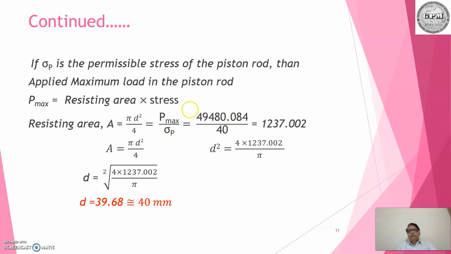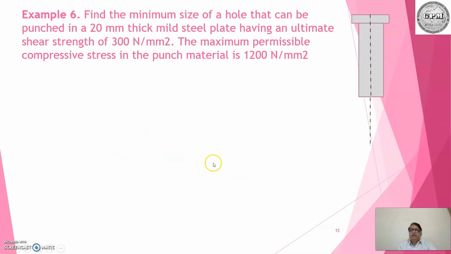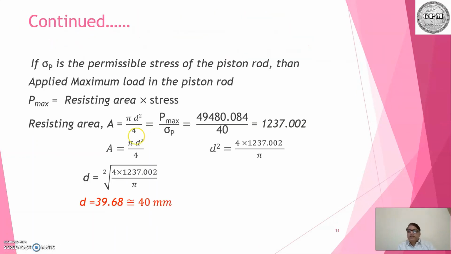The permissible stress is 40 Newton per mm square. Taking that value, I can get the resisting area. After finding the resisting area, you can find the diameter by taking the square root. You can get around 39.68, so it is 40 millimeter.